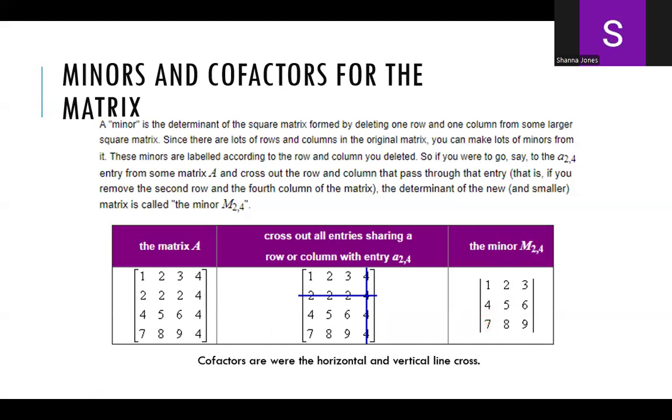We have our cofactors, and what's left over is our minor matrix. Cool? All right, so we're going to practice finding this.